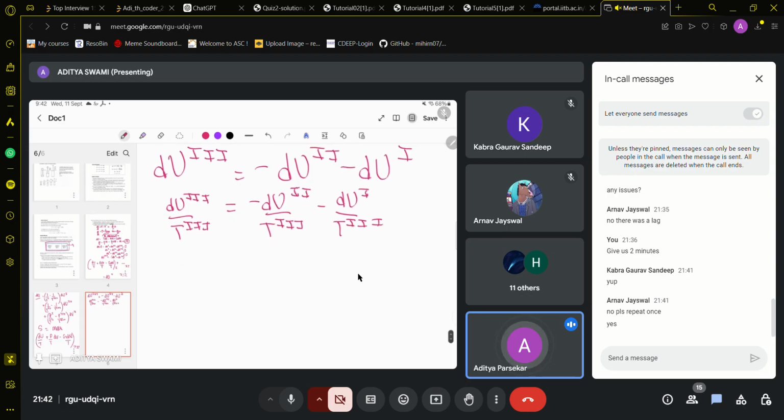Now in my original equations, what did I have? I had du1 by t1 and I had a du2 by t2 term.